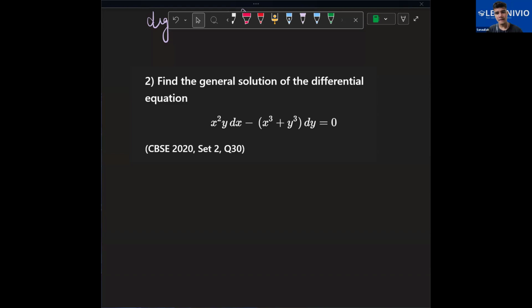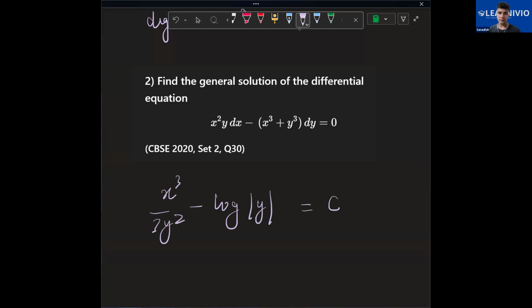Yes, we will do that. dy by dx is x squared y upon x cube plus y cube. Since the maximum power in the numerator is 2 plus 1, that is 3, and in the denominator also the power is 3, this is homogeneous. What's the answer? Sir, x cube by 3y cube minus log of mod of y is equal to c.